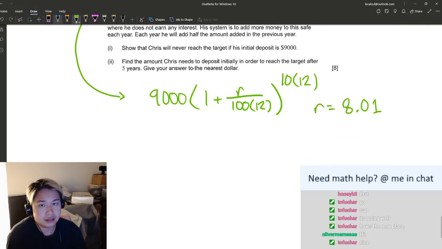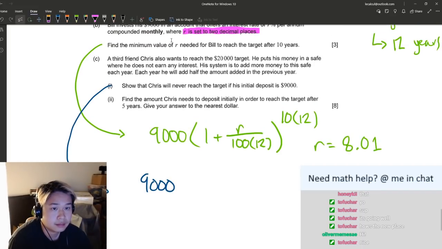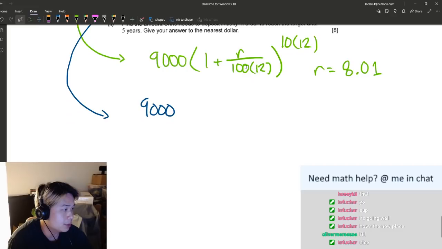Okay, so for those that don't realize, what's happening here is that Chris is following a geometric series. So let's see. Each year he adds half the amount from the previous year. So next year he adds 4,500.